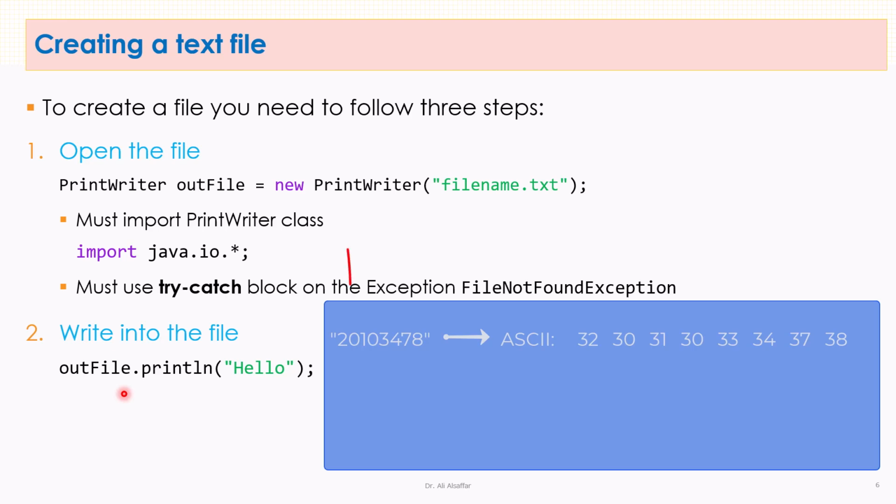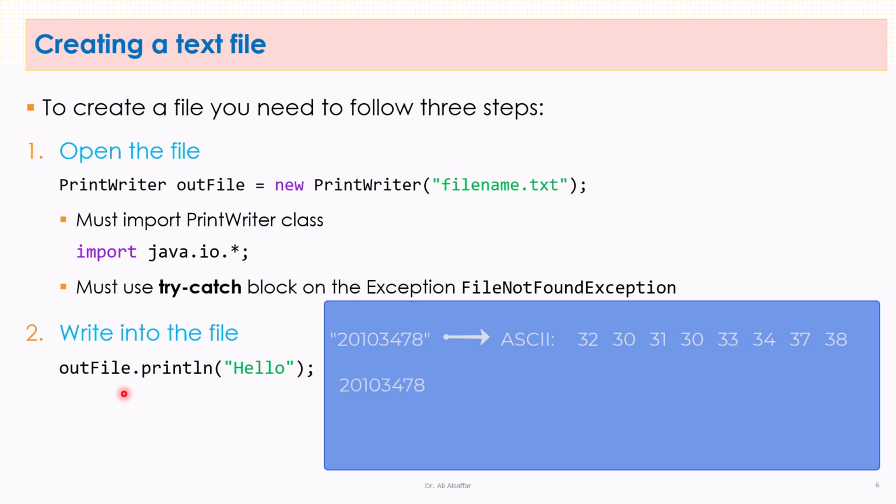So 2 will be saved into the file as the ASCII code 32 in hexadecimal, and 0 will be saved into the file as the ASCII code 30 in hexadecimal, and so on. So since we have 8 digits, then we are going to save 8 bytes into the file. So it depends on the size of the number. If it is 3 digits, then 3 bytes will be saved into the file. And if it is 10 digits, then 10 bytes will be saved into the file, and so on.